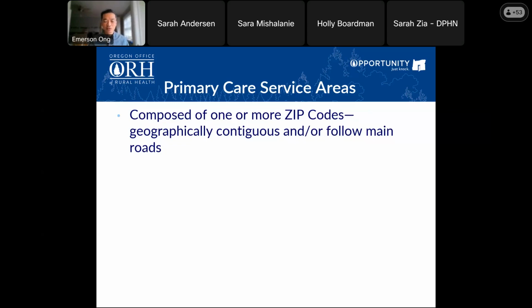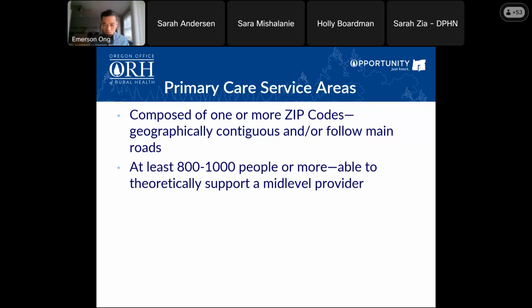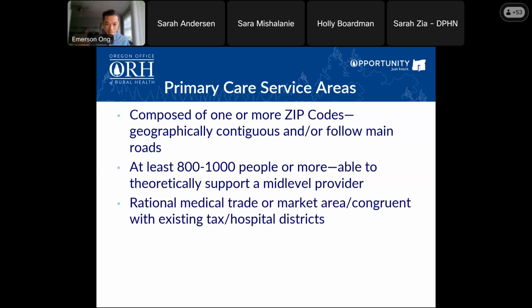We decided to group those together into geographically contiguous units that follow main roads, have at least 800 to 1,000 people or more, which is a number able to theoretically support a mid-level provider, and have a rational medical trade or market area and are congruent with existing tax and hospital districts.